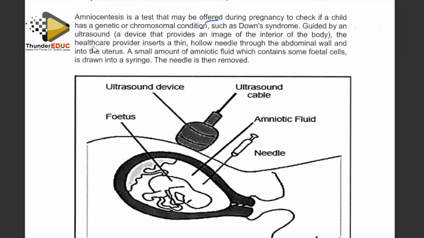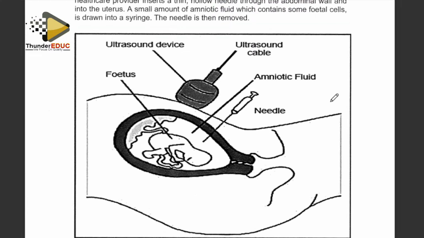The healthcare provider inserts a thin hollow needle through the abdominal wall and then into the uterus. A small amount of amniotic fluid is then withdrawn into the syringe. The needle is removed. So they're just telling us.